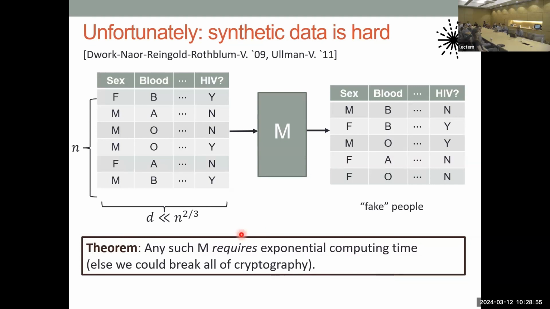And so some of the first work that I did with collaborators on differential privacy and students of mine was understanding the computational complexity of differential privacy. And in fact, the synthetic data generation problem is inherently hard in the worst case. It requires exponential computing time unless all cryptography can be broken in sub-exponential time, which we strongly don't believe.